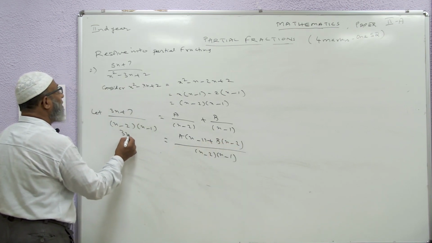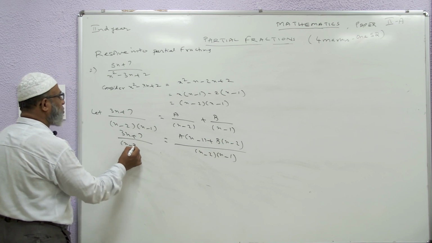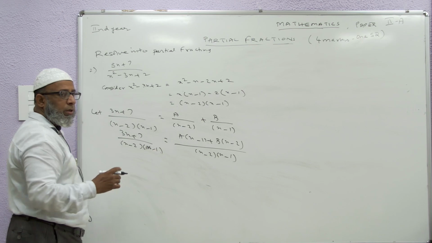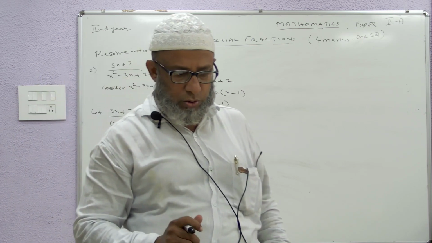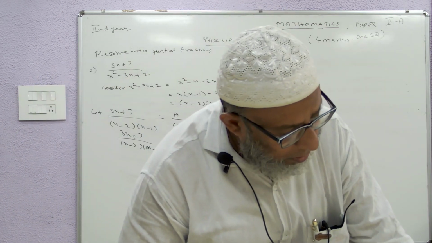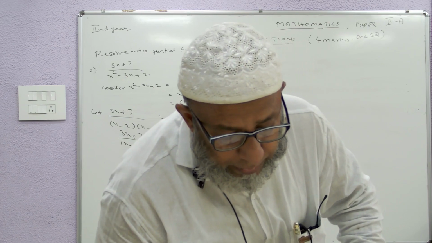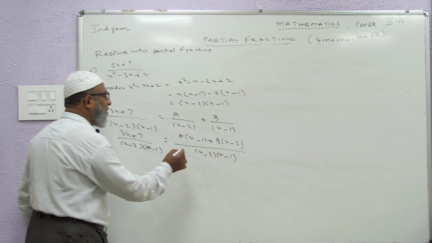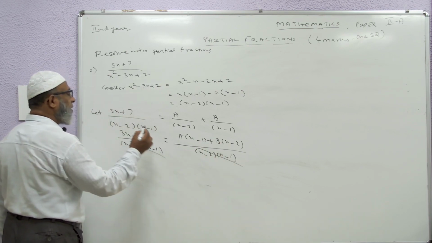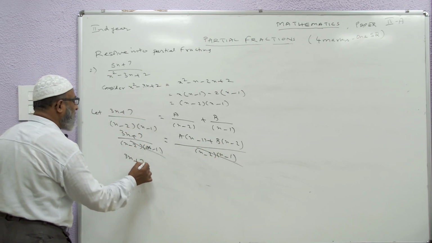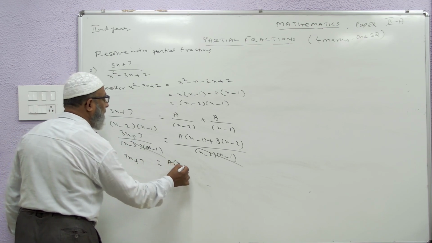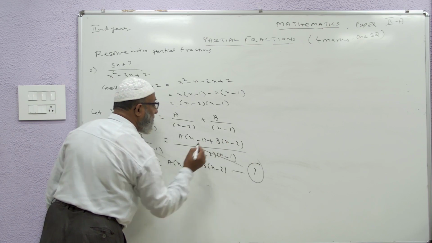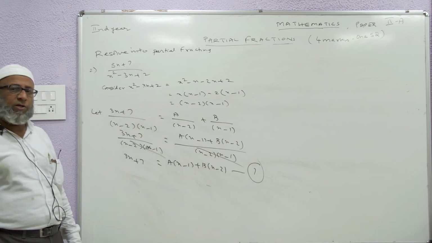On the left hand side, I am having the same part, (x - 2)(x - 1). This denominator cancels from both sides. So the remaining part is 3x + 7 = a(x - 1) + b(x - 2). I am naming this again as equation 1.